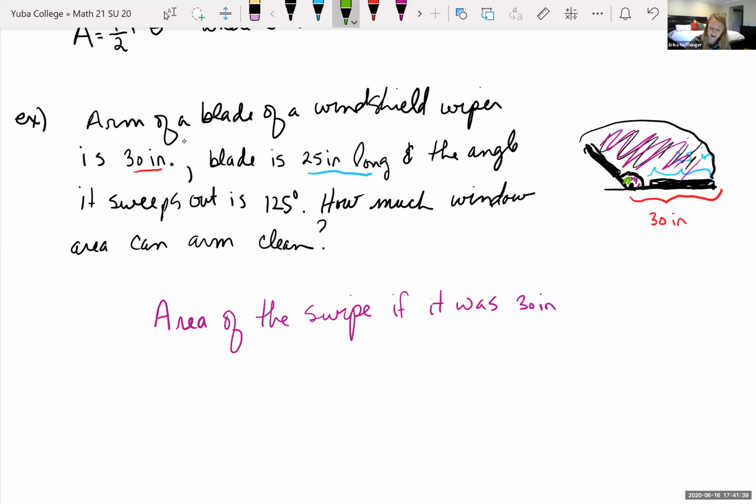So if we figured out what this little piece in here was, so minus the area of the piece not getting hit by the blade.